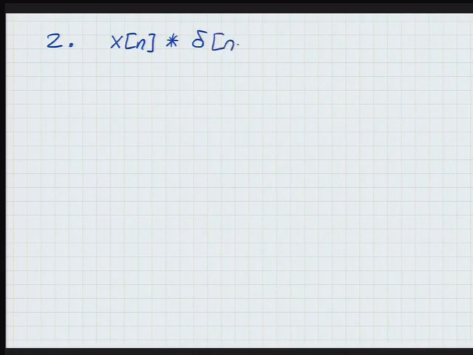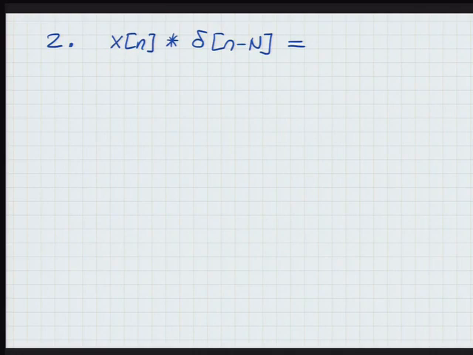Second property, very similar. When I take a signal and take its convolution with delta, but not the same delta, we're going to shift delta, okay? So convolution of x with a shifted delta is, and what do you think that would be?